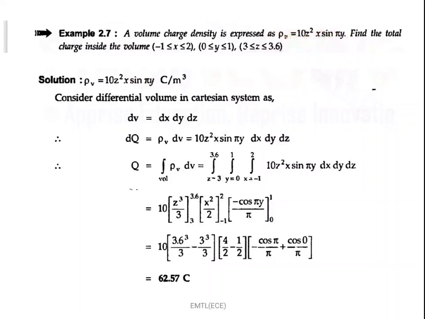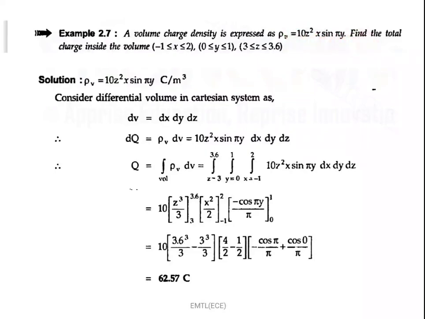Find the total charge inside the volume, where the limits of the variables x, y, z are: minus 1 less than or equal to x less than or equal to 2, 0 less than or equal to y less than or equal to 1, and 3 less than or equal to z less than or equal to 3.6.